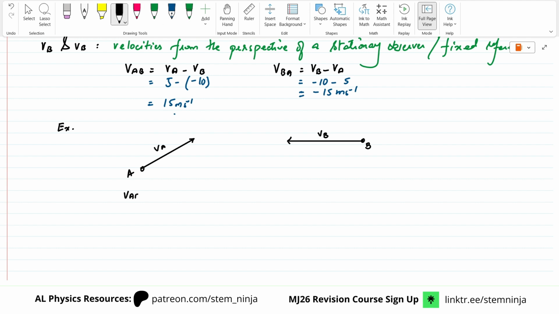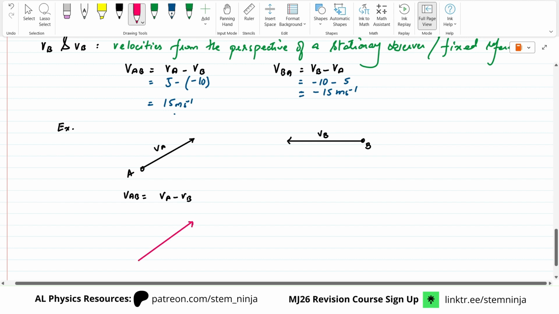So VAB, again, the formula will be the same, but we will handle this using the directional way of handling the addition. So VA minus VB: this is your VA, and minus VB would be this.